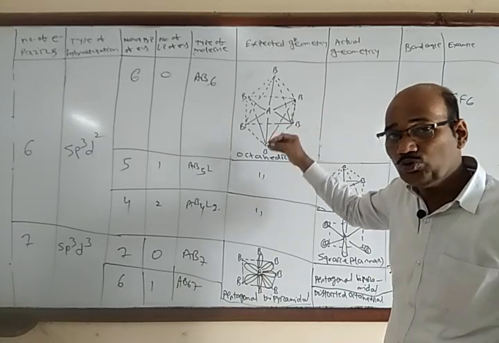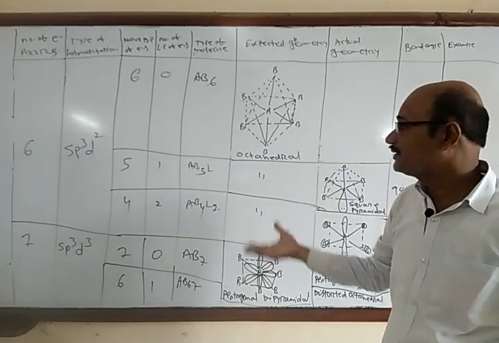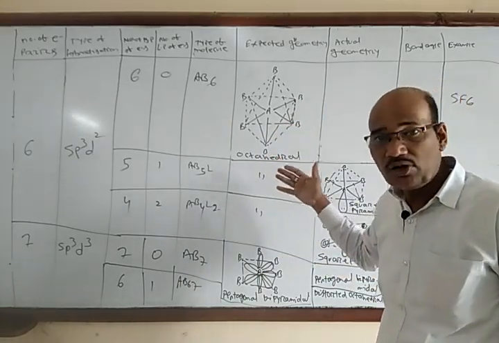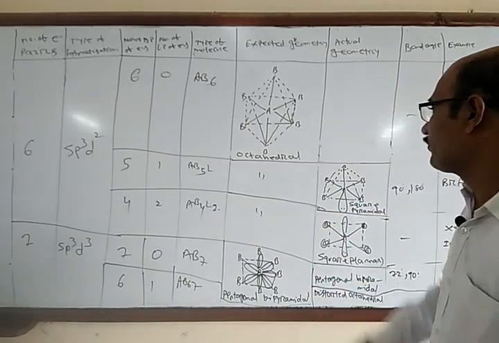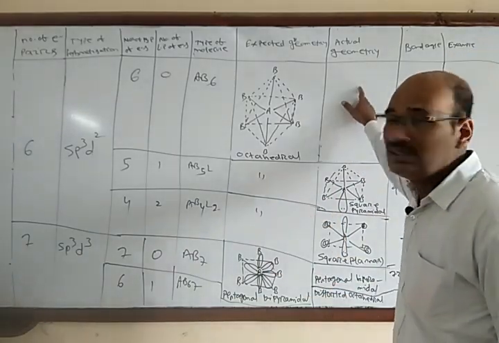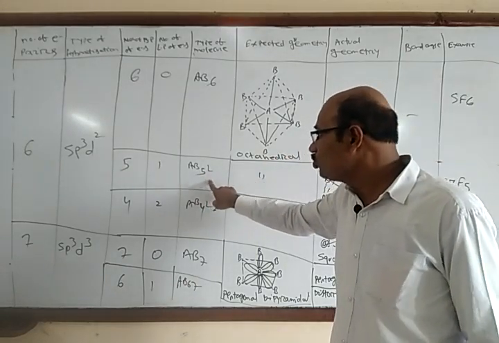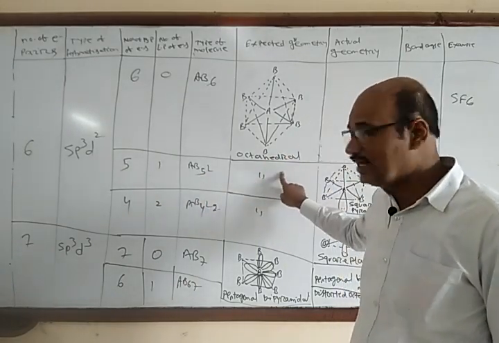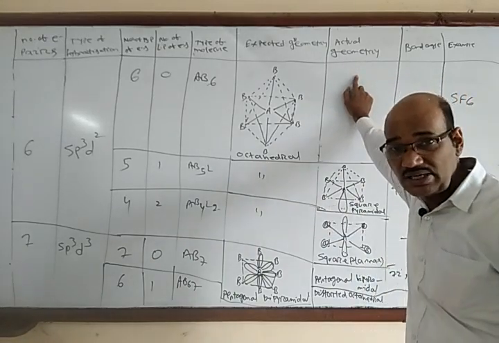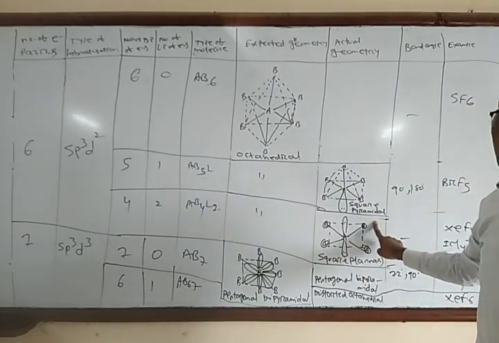If 1 or 2 lone pairs of electrons are there, then the geometry will be something different, that is, the actual geometry will be different. So in the case of AB5L, though the expected geometry is octahedral, the actual geometry or shape is what? Square pyramidal.